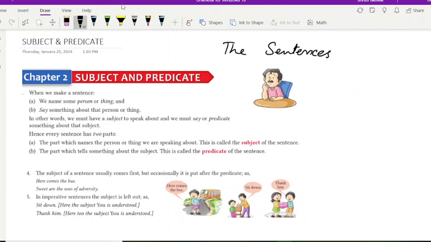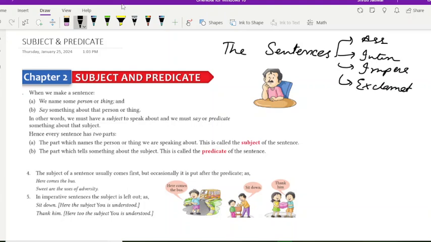then the sentences were of four kinds. And what were they? They were assertive sentences, interrogative sentences, imperative sentences, and the fourth one was exclamatory sentences, right? Those sentences which declare something are known as assertive sentences.